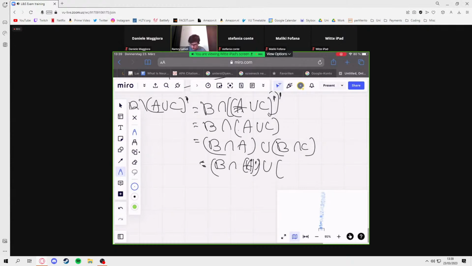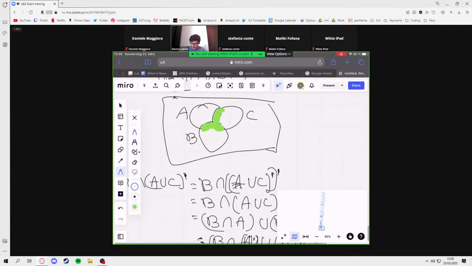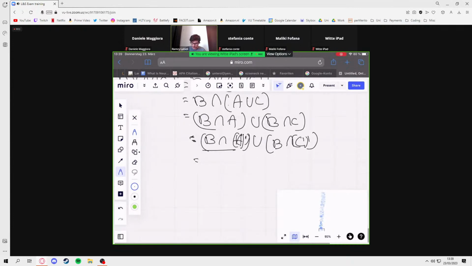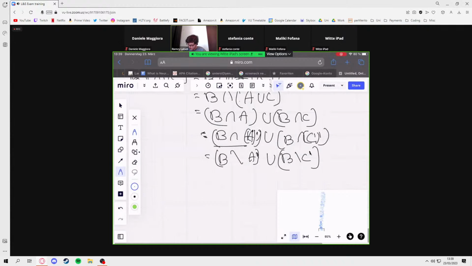We do the same for the other one. C is the complement of the complement. And this will give us something similar to what we had up here. And then we can say that this means that B is itself excluding A complement and excluding C complement. Yep, I hope that makes sense.